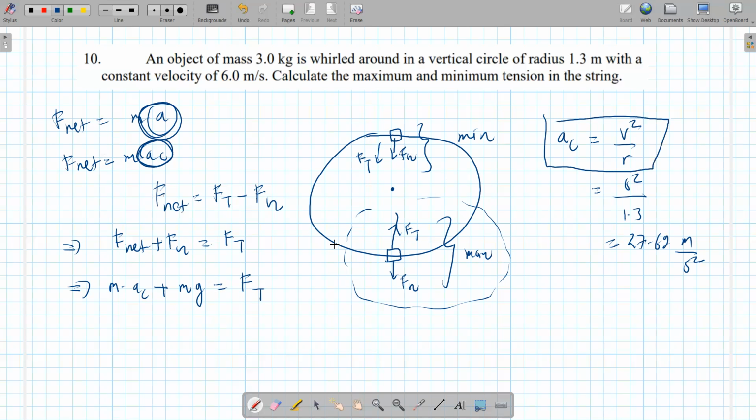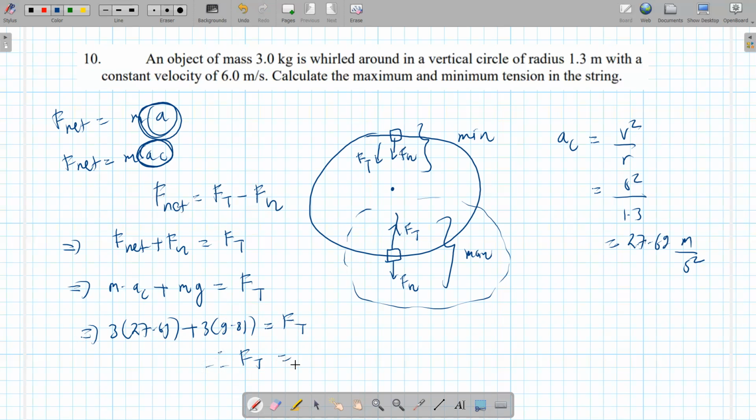We already found the AC, which is 27.69. So now we can plug in every value: the mass is 3, AC is 27.69, plus M is 3, G is 9.81. That is equal to the force of the tension. Therefore, that gives the maximum force of the tension.